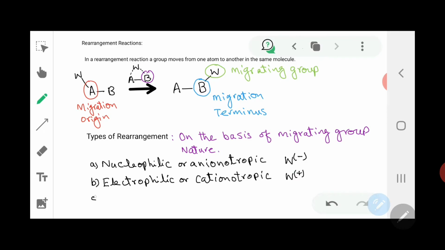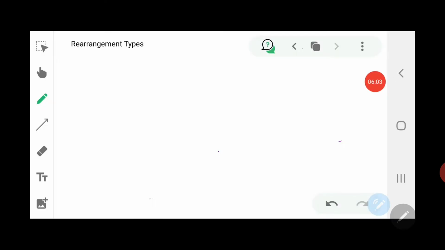And the third case is free radical rearrangement, here the migrating group contains only one electron.